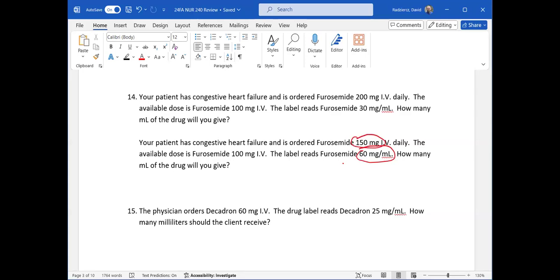Once you know that, you take your order divided by your available, and then multiply by your quantity. Yeah, and then you should get, I think that's what I got, Lauren, 2.5 milliliters, and that's your answer.